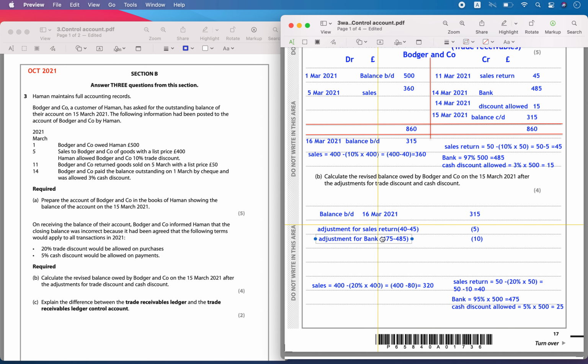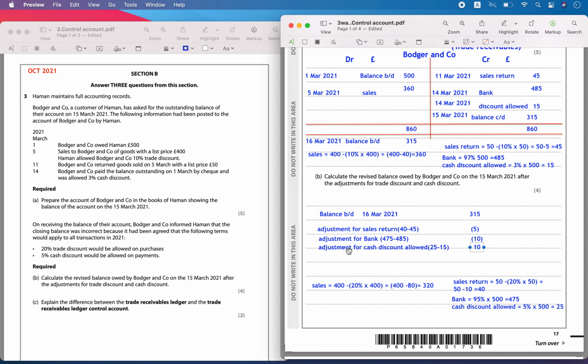And then the adjustment for cash discount allowed: now it is 25 and earlier it was 15, so this one will be 10.